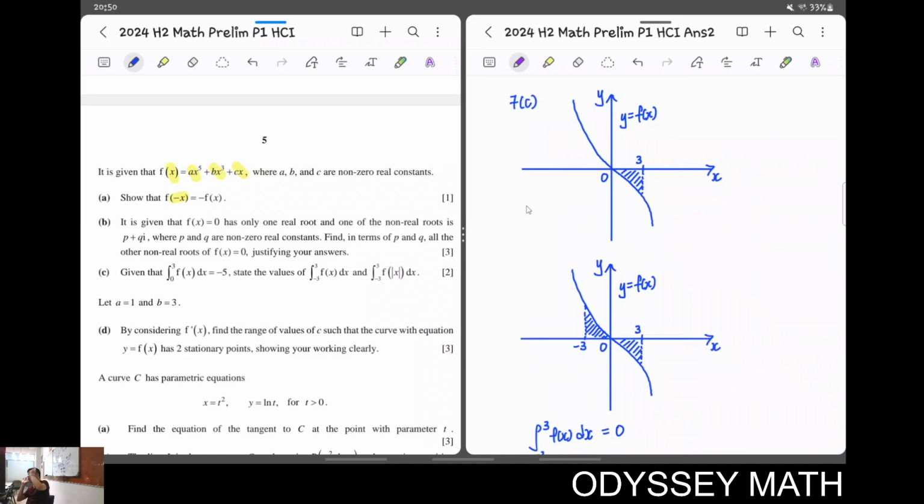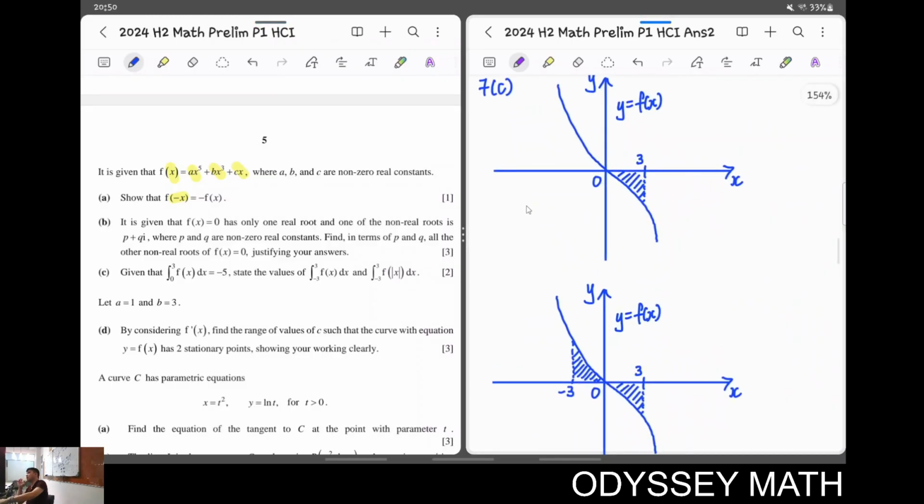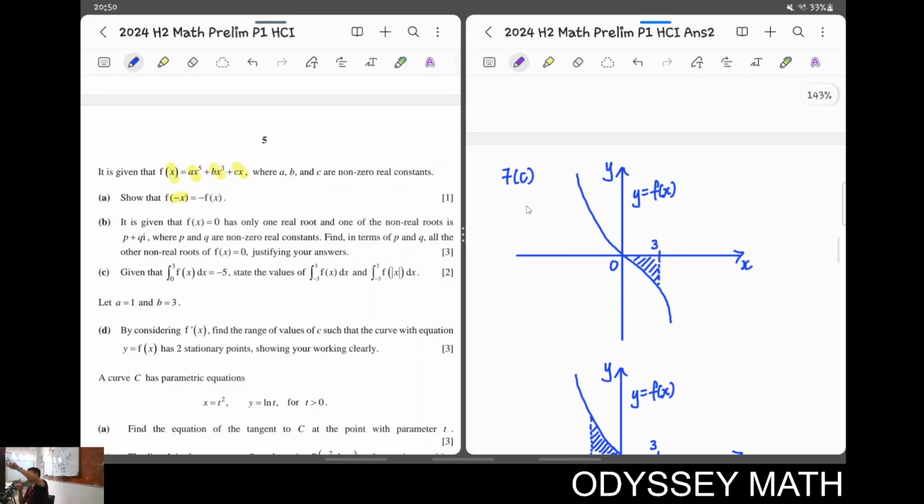But all things being said, I know the curve is like that because this is an odd function. You know what's the meaning of odd function? Odd function means f of minus x equals to minus f(x). That's in essence what it means. So that's the meaning of odd function. Okay.